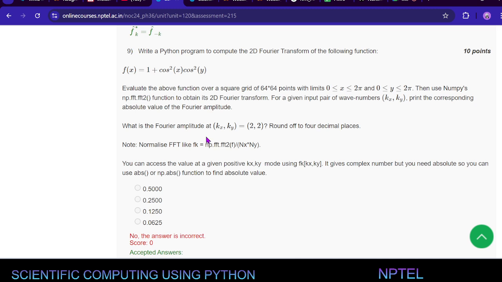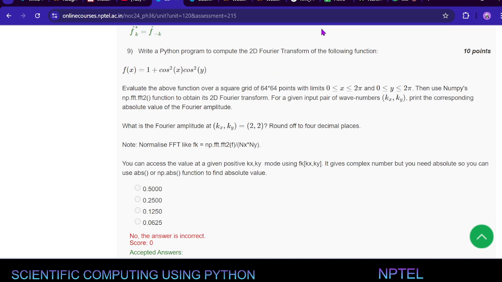Yeah, I'd done this actually, and it had matched with the solution. Let me just, give me a moment, okay? Actually, I used your code, then I got the answer 0.0625.